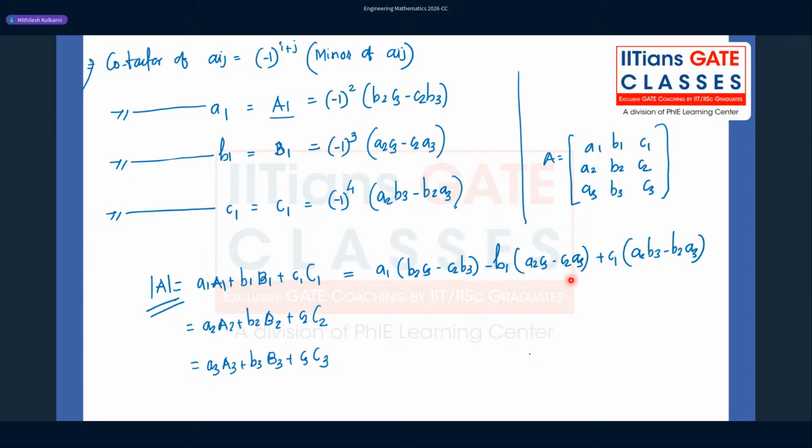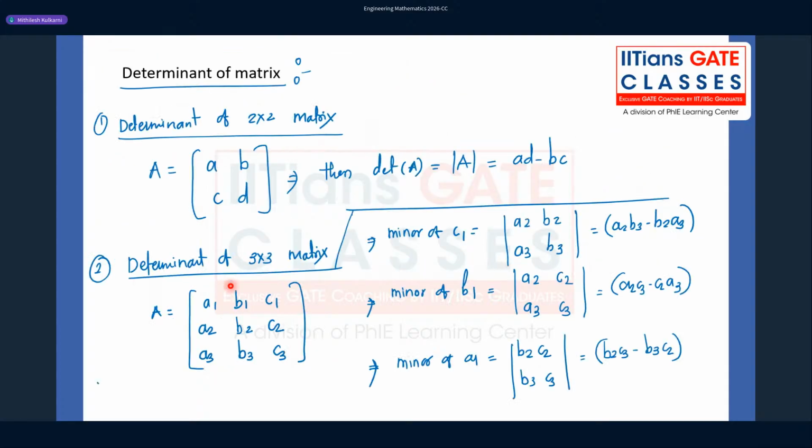How this is written is something I will explain to you now. But I hope it is clear that this is the formula for the determinant. Now, how to find the cofactor is something we will study. In order to find the cofactor, you should first find the minor. What is the minor of a1?